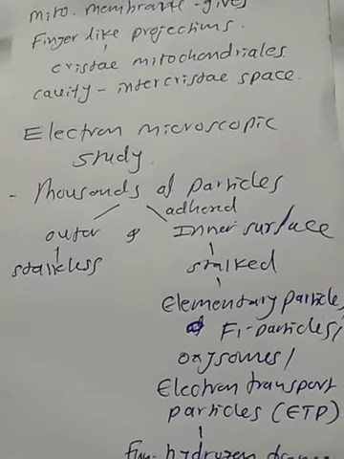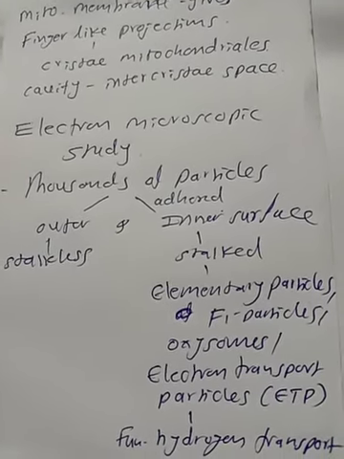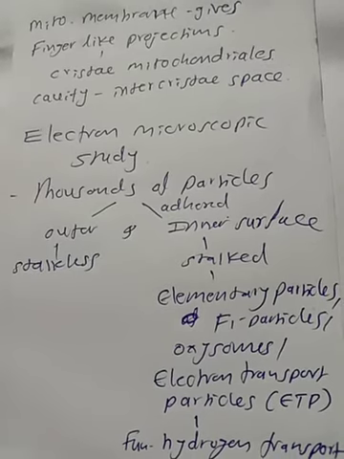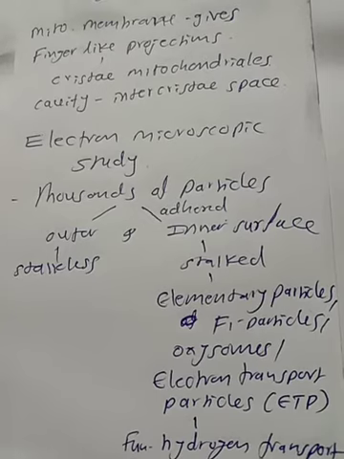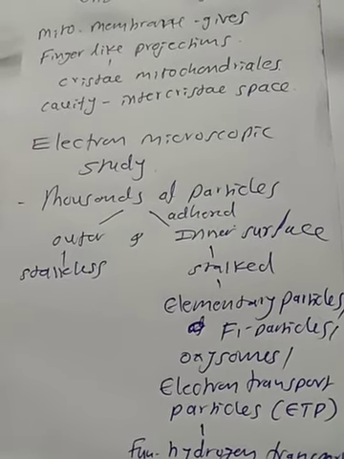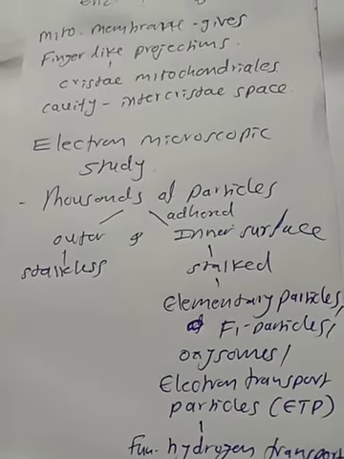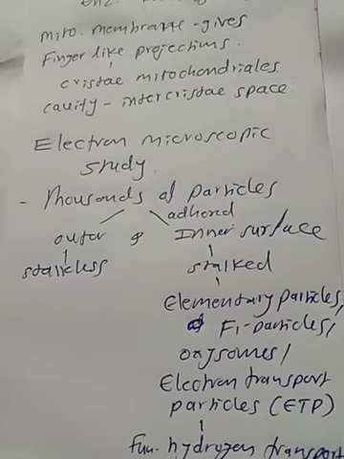The electron microscope has revealed the presence of thousands of very small particles which adhere to the outer surface of the outer membrane and the inner surface of the inner membrane.